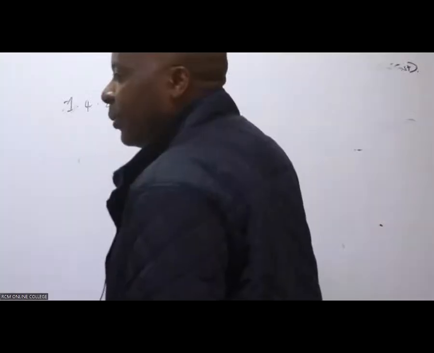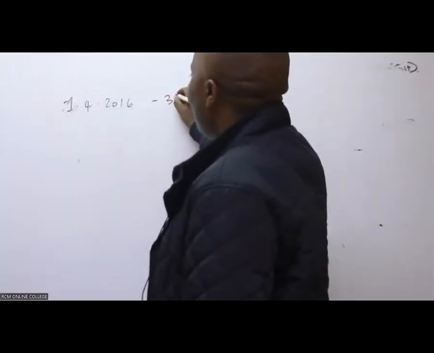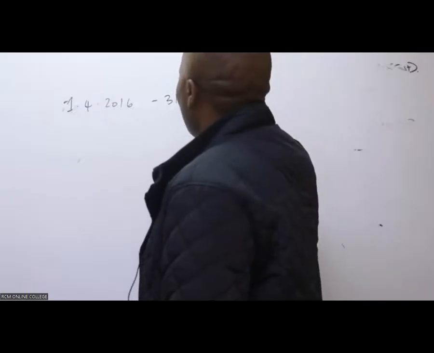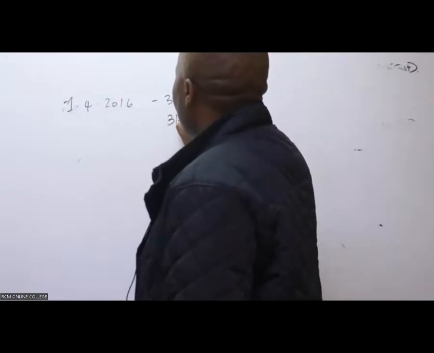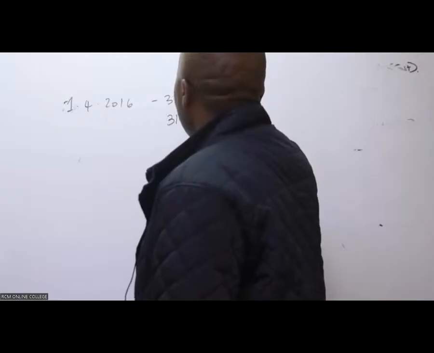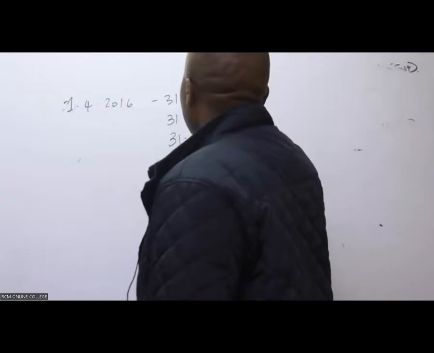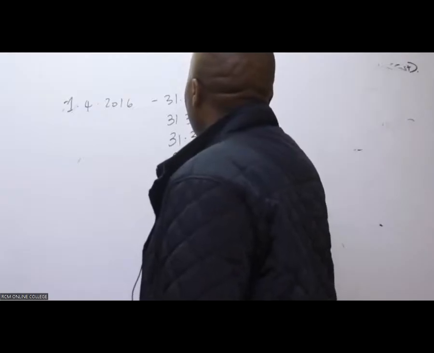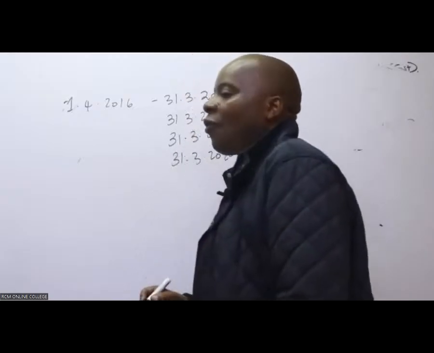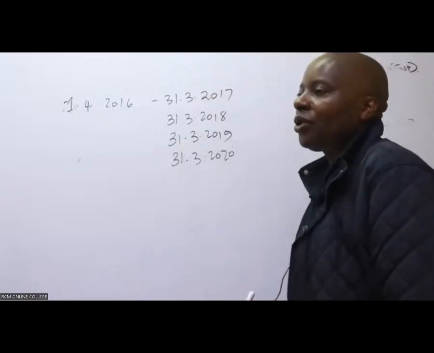Then we have 1st April 2016 to 31st March 2017, then 31st March 2018, the second year, 31st March 2019, the third year, 31st March 2020. So those are 4 years in total.